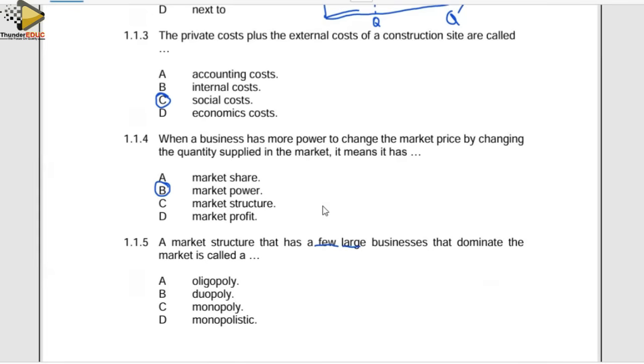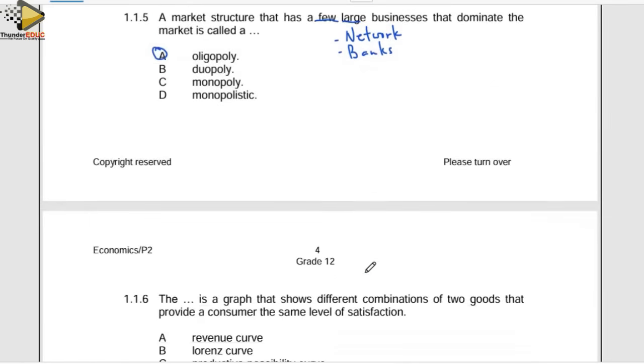For example, you can look at the network providers. You can look at the banks. They are just a few, but they are very big businesses. Those businesses fall under the classification of oligopolies. So it's an oligopoly. Right.